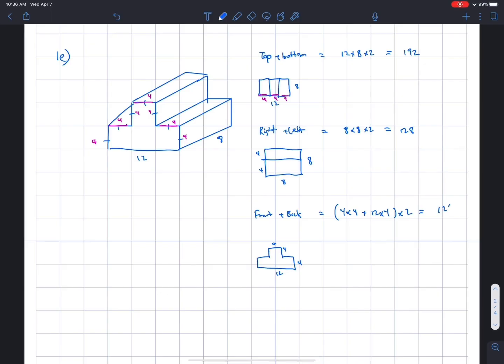We get 128. So the total surface area is 192 plus 128 plus 128. We get 448 centimeters square.